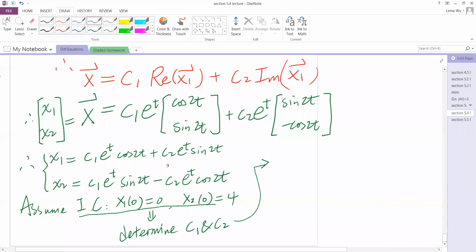Okay, remember t is the variable. So x1 is a function of t, x2 is a function of t. If I just do that real quick, I'm going to plug 0 in for t. So t equals 0. x1 of 0 would be 0 equals C1 e to the 0, which is 1, cosine 0, which is 1, plus C2 e to the 0, which is 1, sine 0, which is 0.